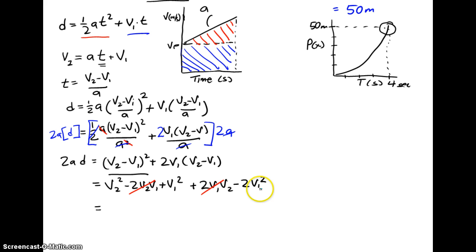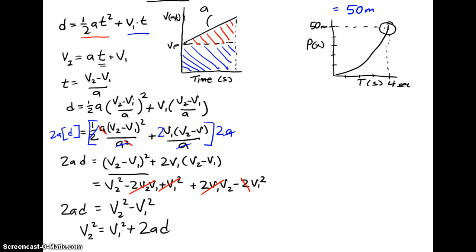I have minus 2v1 squared over here, so let's get rid of one of those. So I'm left over with 2ad is equal to v2 squared minus v1 squared. And the most common way you see this presented in physics, we'll do a little rearrangement: v2 squared is equal to v1 squared plus 2ad.